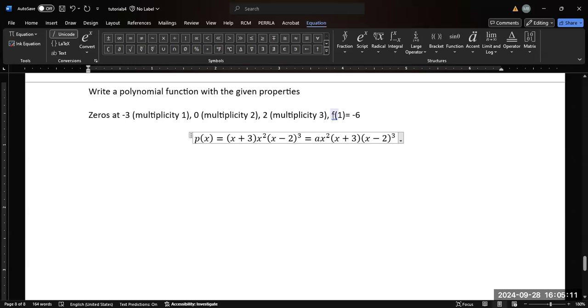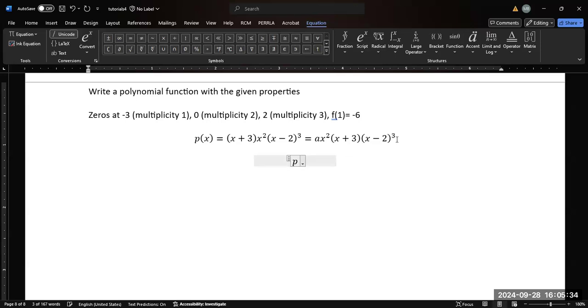But here we're given 1 point that we want it to pass through, and so that's actually going to determine what that a has to be. Now, you don't have to multiply this out in order to get the a, but there are often circumstances where you will be asked to multiply everything out and FOIL it. But let's find a before we try to do that.